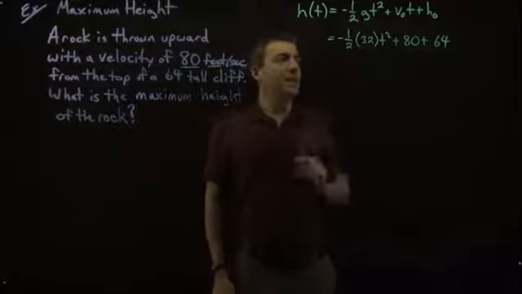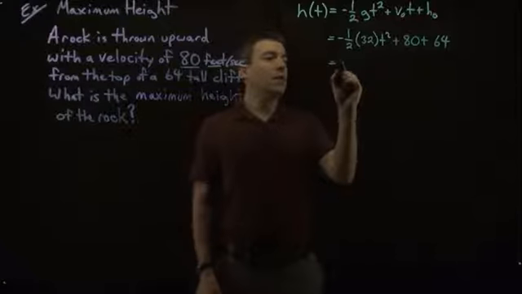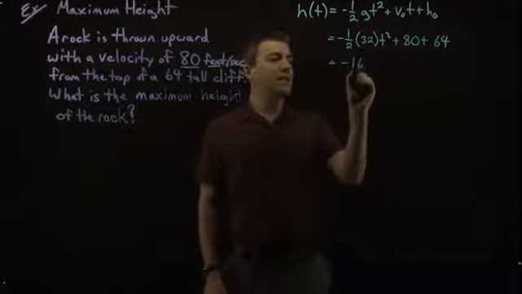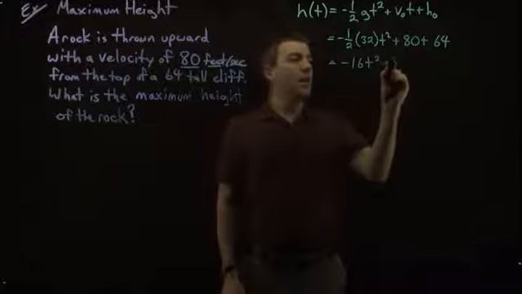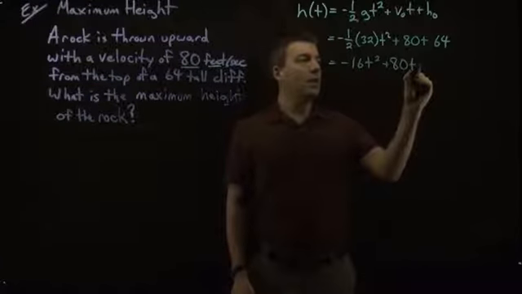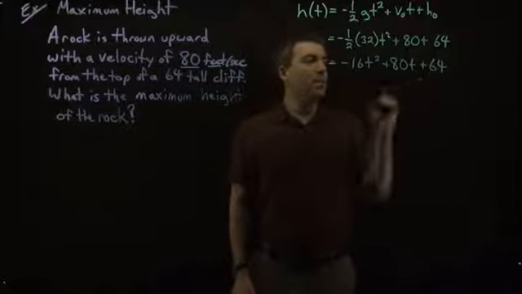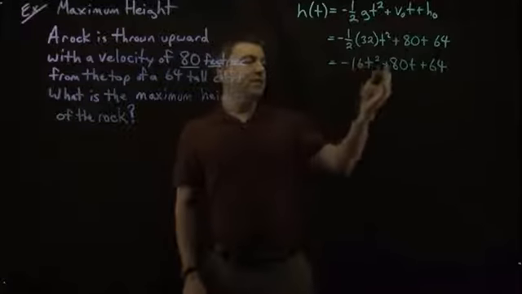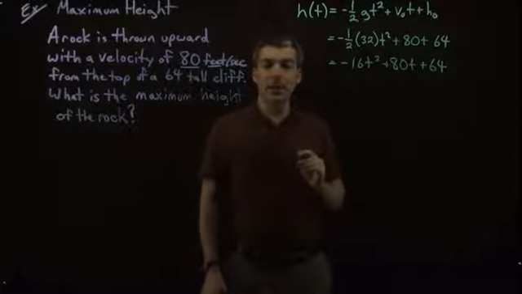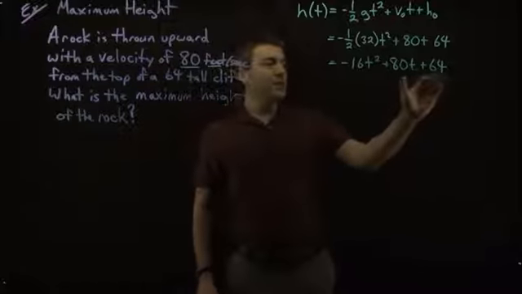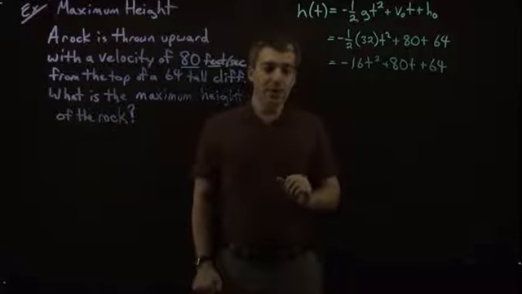All right, now this gives us negative 16 t squared plus 80t plus 64. This gives us the height of the object at time t. Now we can maximize this by finding the vertex.